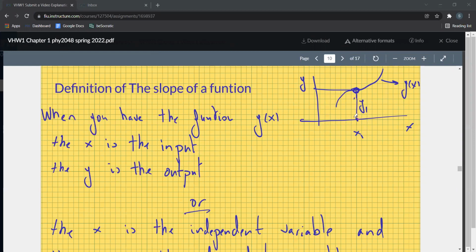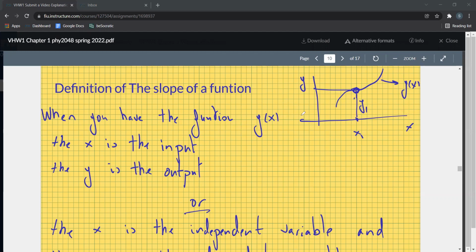So for this position of x, y is here, on this dot right here. But on this position of x, y is all the way up here. So that's just something you have to keep in account. Y is different on each different value of x.